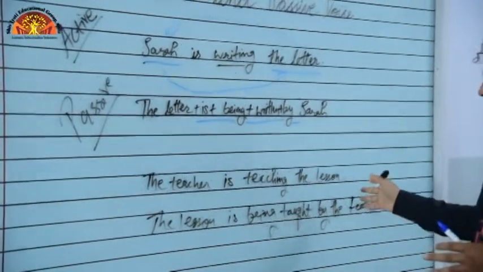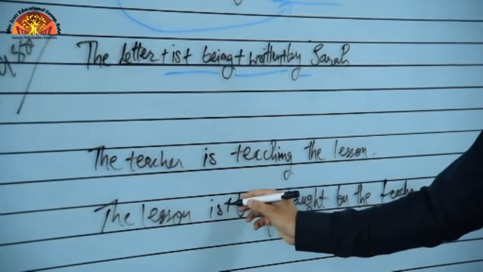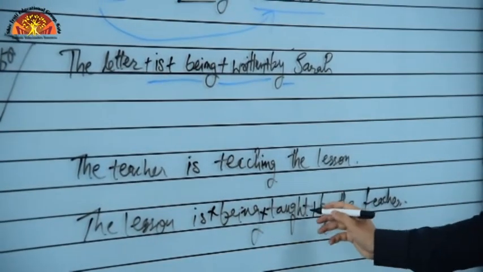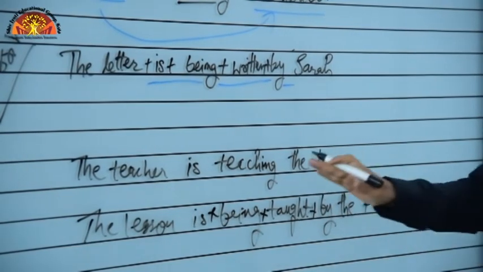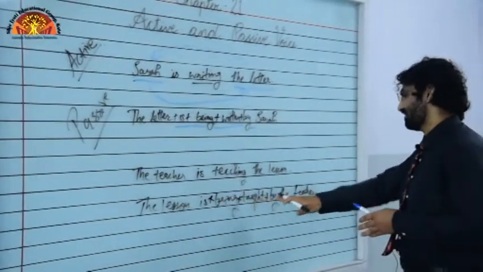So what we have done, we have interchanged the places, and then we have brought in the helping verb, then we have added being, then we have added past participle, then we have added by, and that's how it has been done. The teacher is teaching the lesson; the lesson is being taught by the teacher.